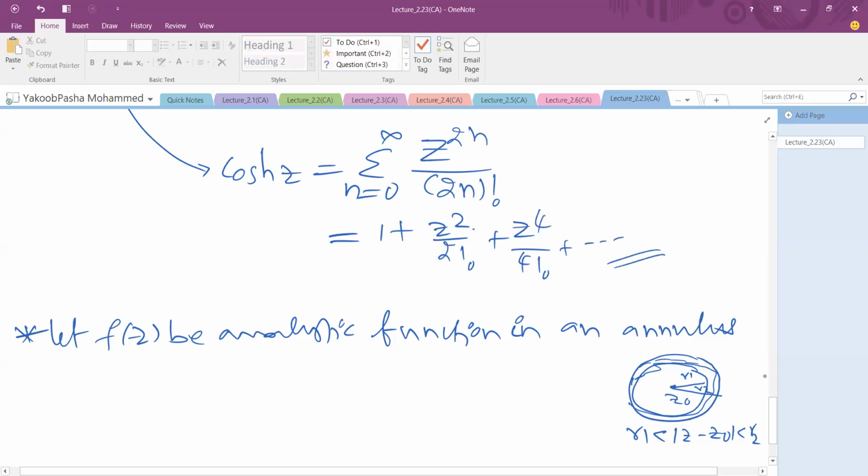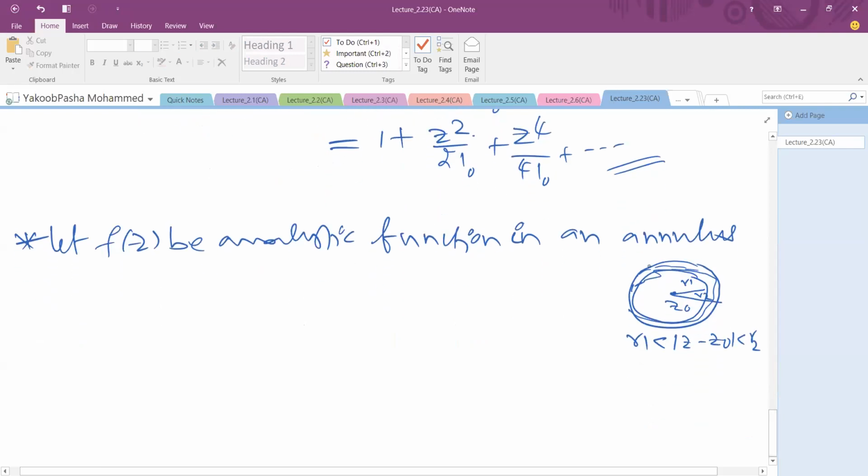Annulus region means the region bounded by two concentric circles. That means R1 is less than modulus of Z minus Z0 is less than R2.